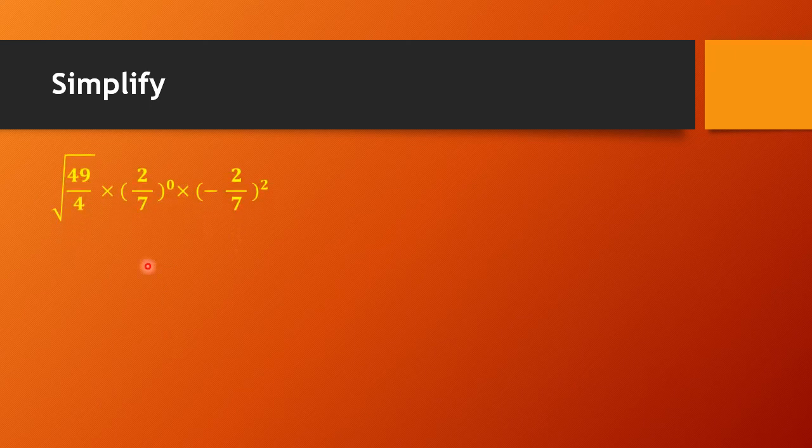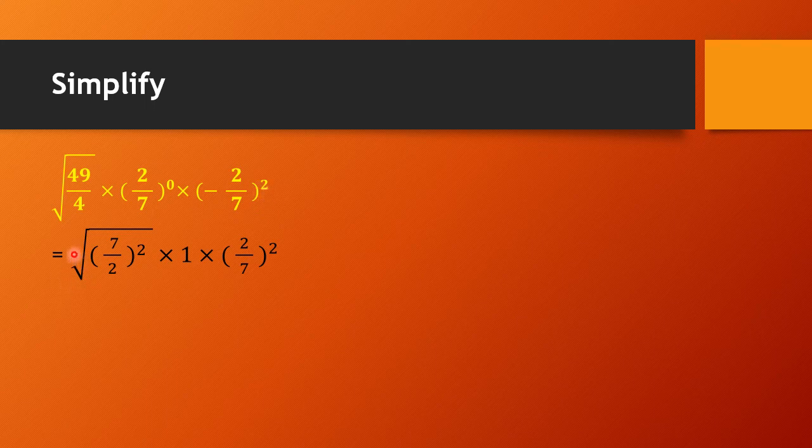Square root of 49 over 4 times (2 over 7) power 0 times (negative 2 over 7) power 2 equals the absolute value of (7 over 2) power 2 times any number power 0. Any number except 0 power 0 equals 1, times (2 over 7) power 2. We removed the negative because 2 is an even number.